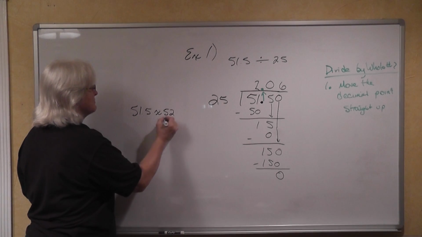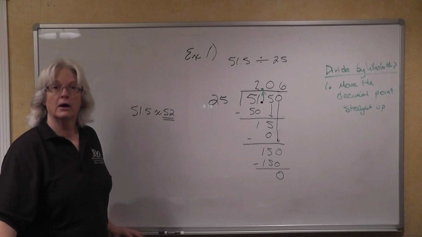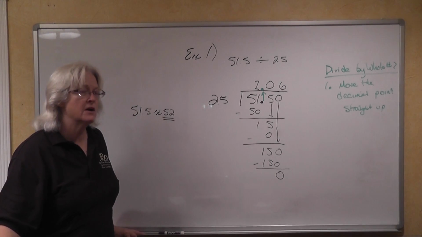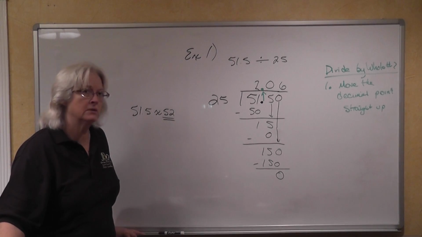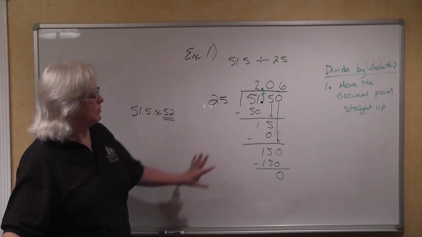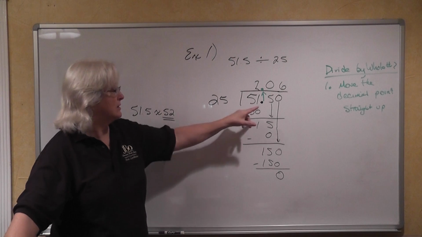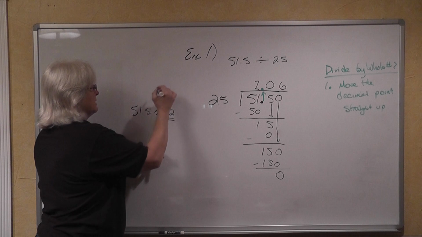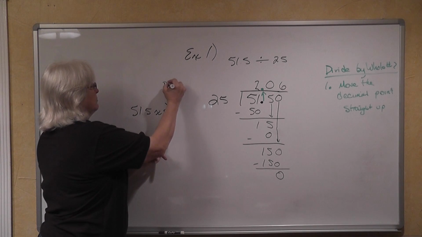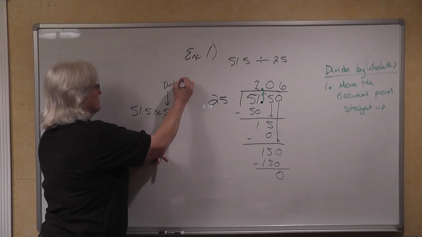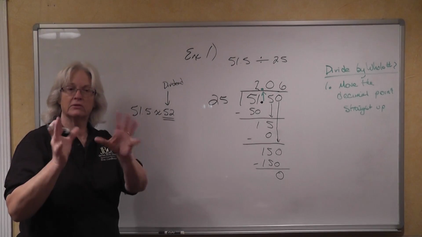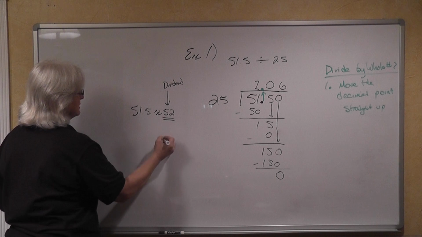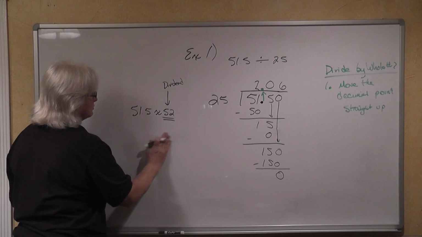All right? This is the first step of what we're going to do when we're estimating by division. Now it says, find a compatible number for the dividend. Which of these numbers is the dividend? This is the dividend. In this case, we have rounded the dividend, and we have to round that to a number that works, because we're going to try and divide something by 25.